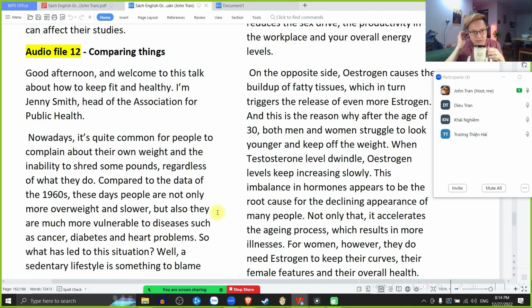Okay, good afternoon, and welcome to this talk about how to keep fit and healthy. I'm Jenny Smith, head of the Association for Public Health.